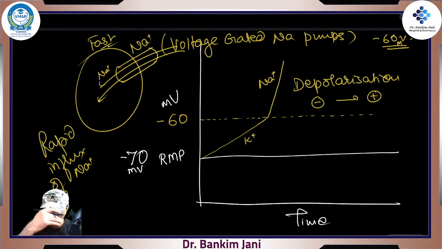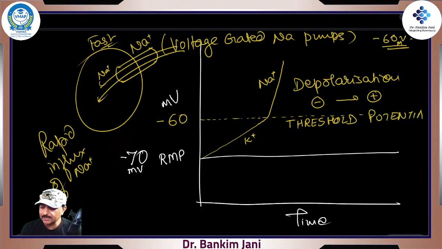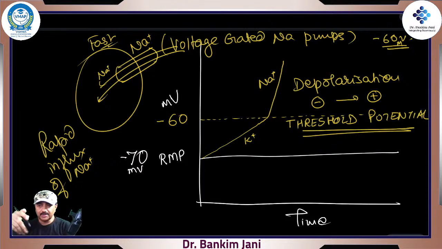So it goes in. This minus 60, we give a name, and that is called the threshold potential. This is like a switch. Till the water touches that level, this switch will not operate.